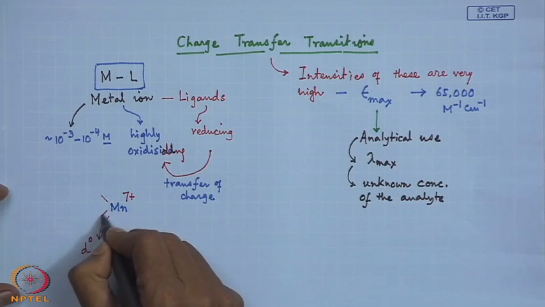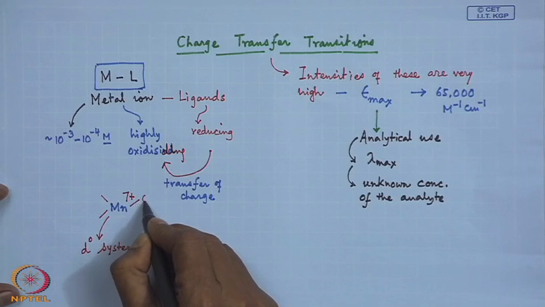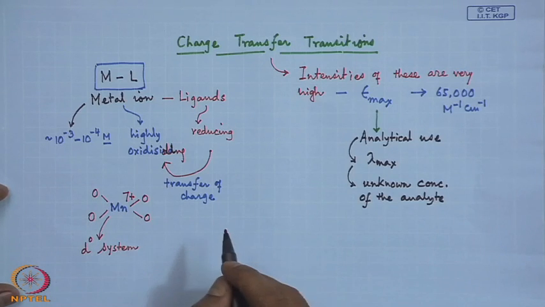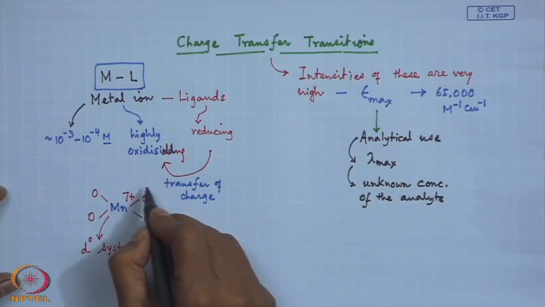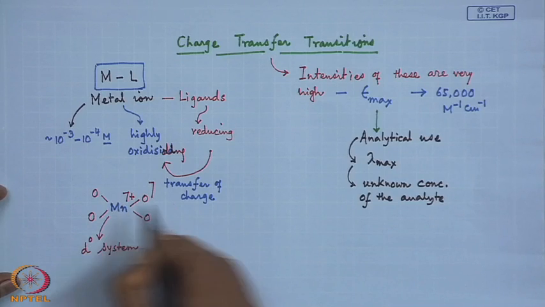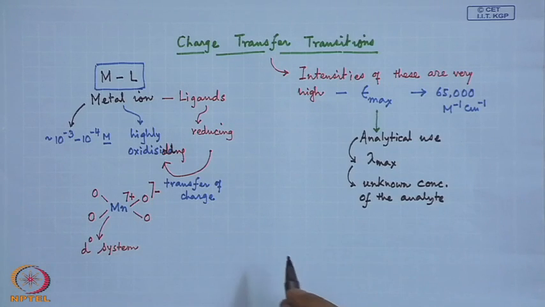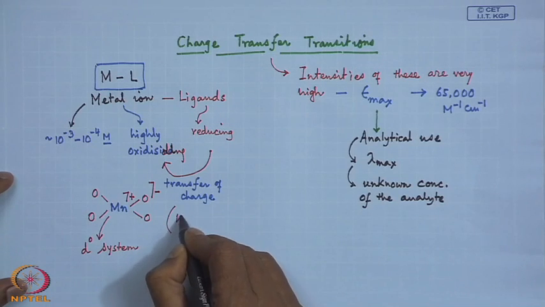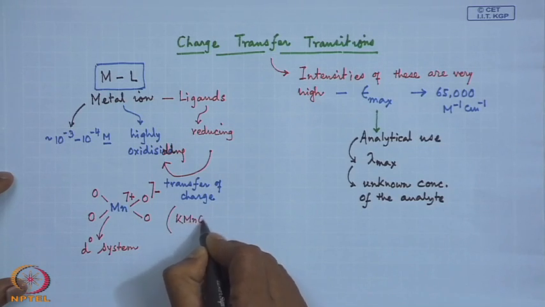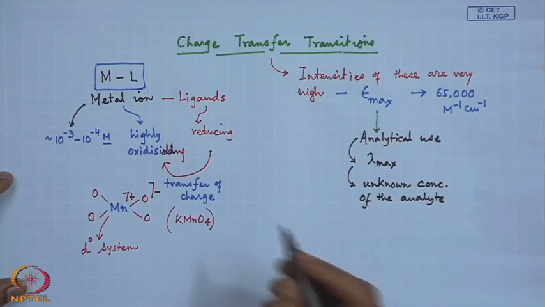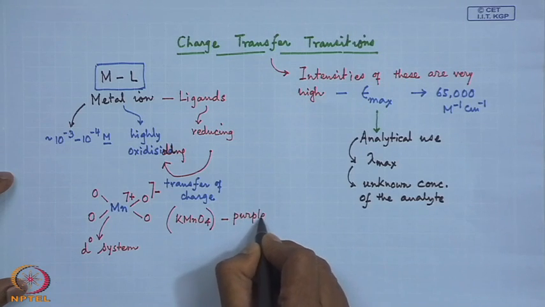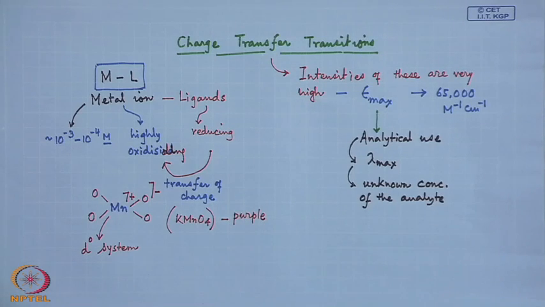If we have 4 oxygen ligands surrounding this manganese center, that means MnO4, since it is in +7 oxidation state, the overall charge would be minus, and this particular species is present in potassium permanganate. This potassium permanganate is purple in color, and in the solid state it is also colored.